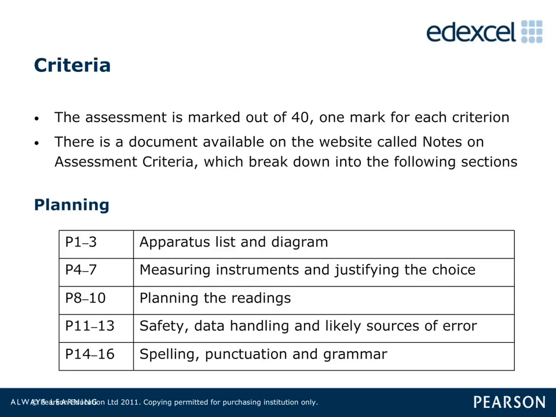P4 to 7 refer to 2 of the measuring instruments, so P6 and 7 are repeats of P4 and 5. P8 to 10 refer to the actual readings. P11 to 13 concern the overall experiment and look ahead to carrying out the experiment. P14 to 16 are marks for clarity of expression and refer to the plan only.